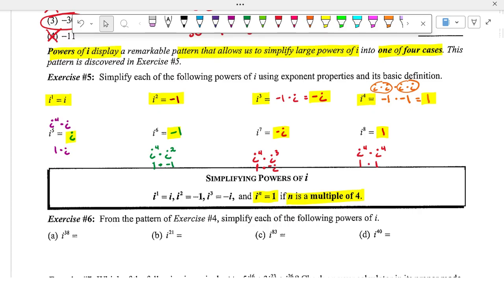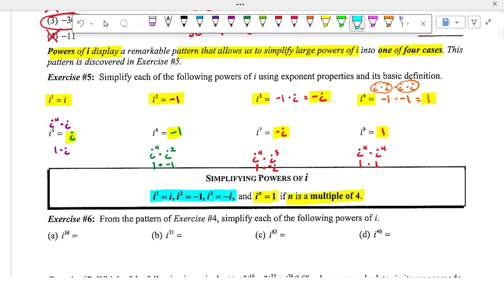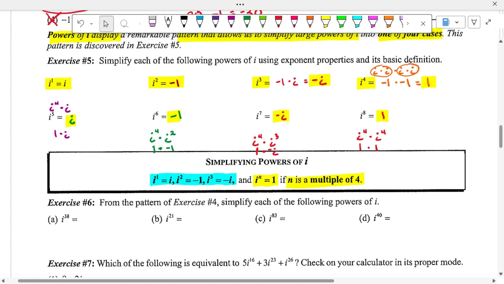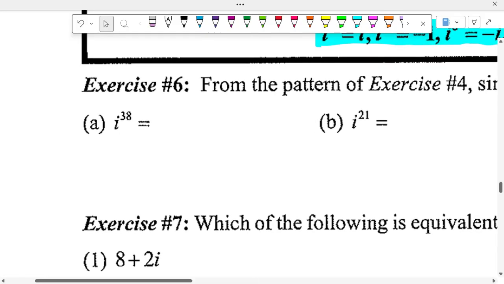So it's always I to the first is I, I squared is negative 1, I cubed is negative I. So let's try some of these. First off, I to the 38. Is 38 a multiple of 4? No. If you divide 38 by 4, you do not get a nice number. But there's a number near it that is a multiple of 4.